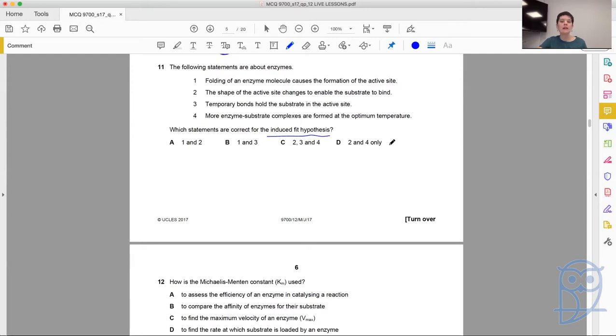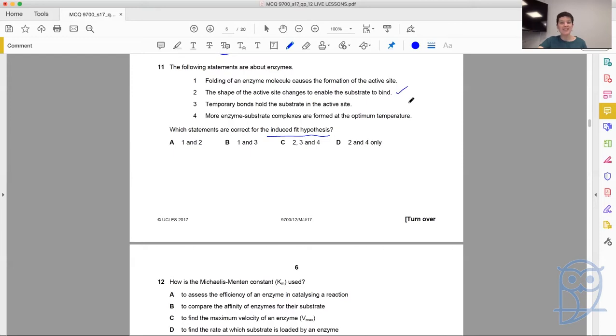So if we limit ourselves to thinking about that induced fit hypothesis, folding of an enzyme molecule causes the formation of the active site. That has nothing to do with the induced fit hypothesis. That is just how we're forming that active site. The shape of the active site changes to enable the substrate to bind.